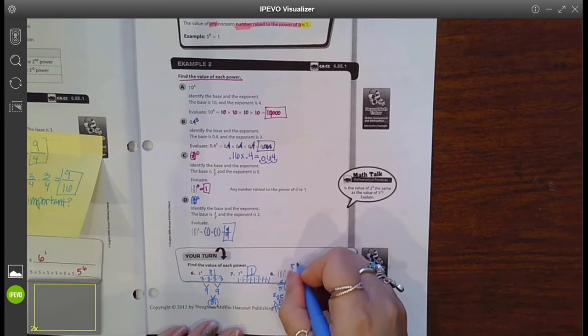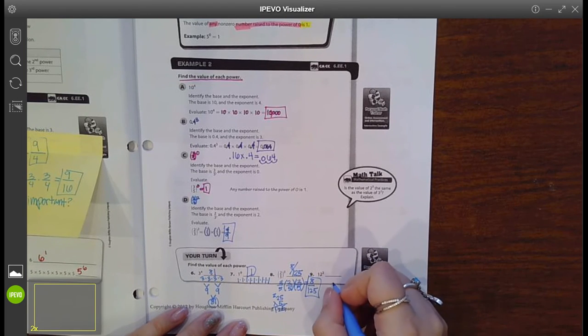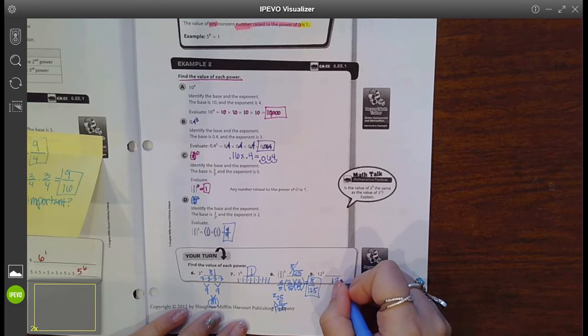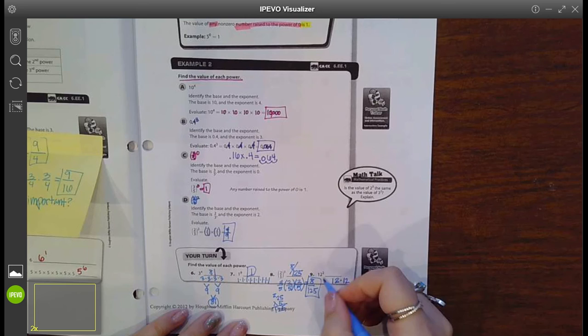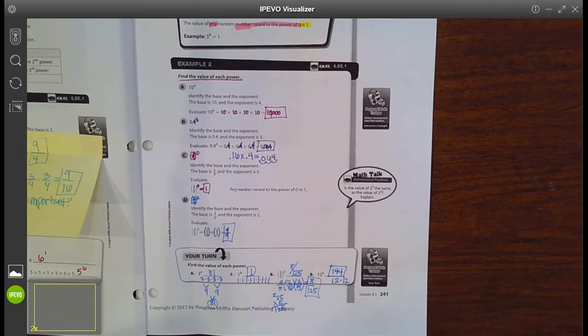So that's 8 over 125. And then finally, that's not 24. Please don't put that. Okay, it's 12 times itself twice, right? 2 12s. And what is 12 times 12? It's 144.